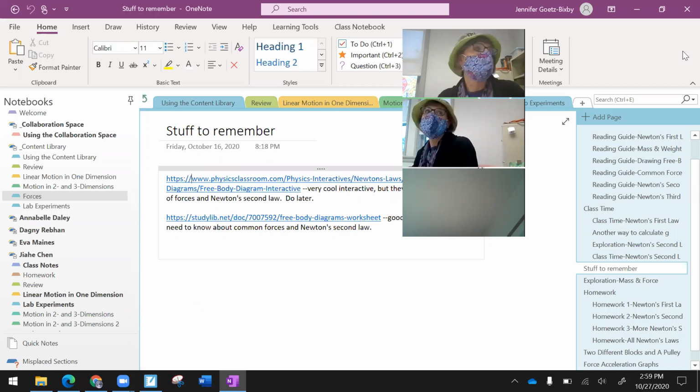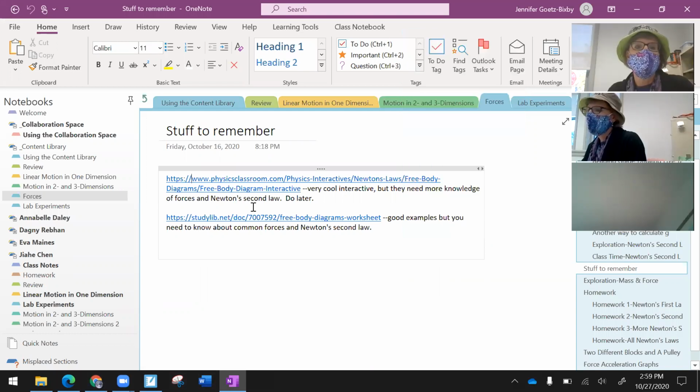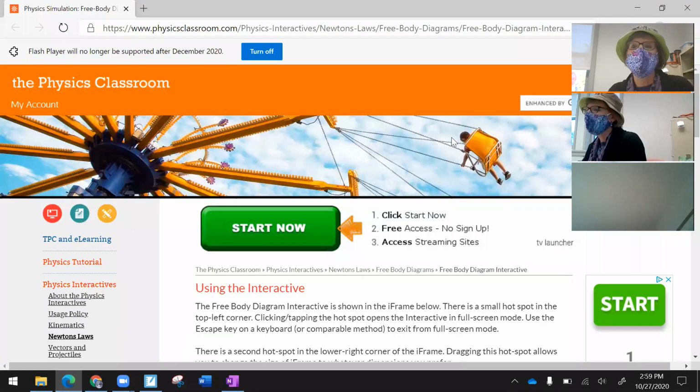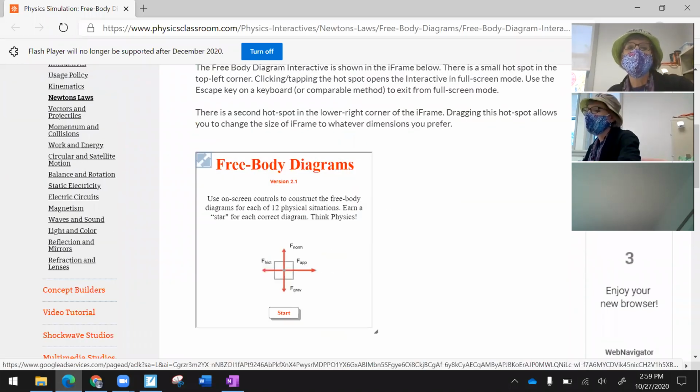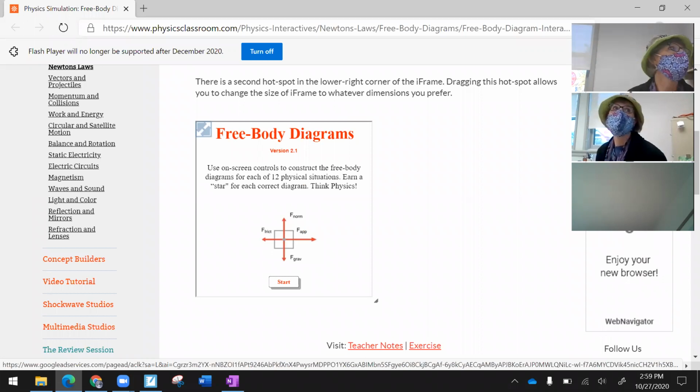But if you click on it, the first one, okay, you should get something that looks like this, okay? And if you go down, there's this interactive that says free body diagrams. Okay, is everybody there?